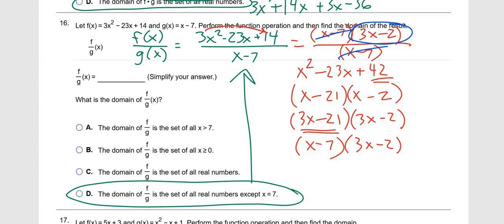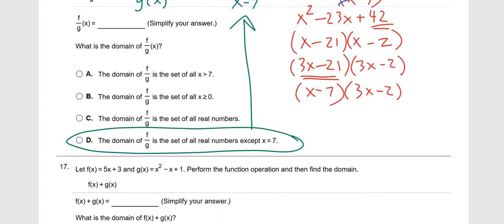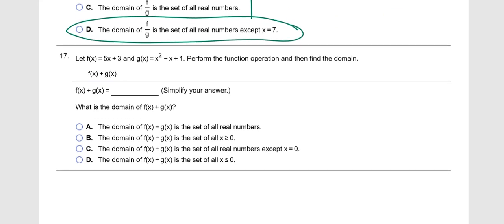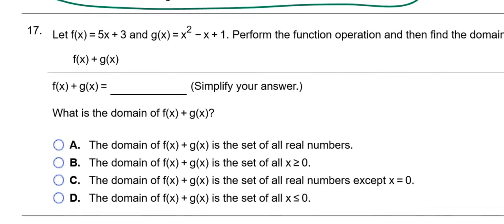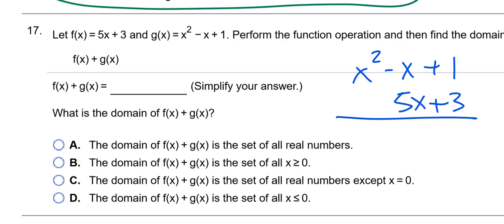Okay, I need to keep moving here. 17, I got x squared minus x plus 1, and I'm adding 5x plus 3. Okay, they've asked me to add those two functions together. I get x squared, my middle term is 4x, and my last term is 4.